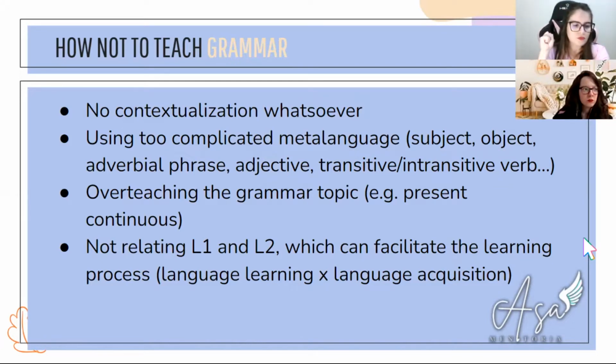For example, the present perfect is something really complex. It's a really complex structure for students. But if you relate the present perfect in English with the similar form in Portuguese, you can make a bridge between the two languages so the student can use the language more autonomously.